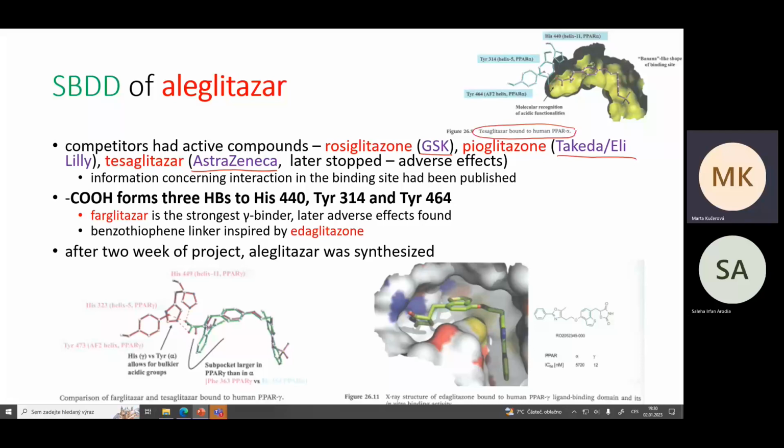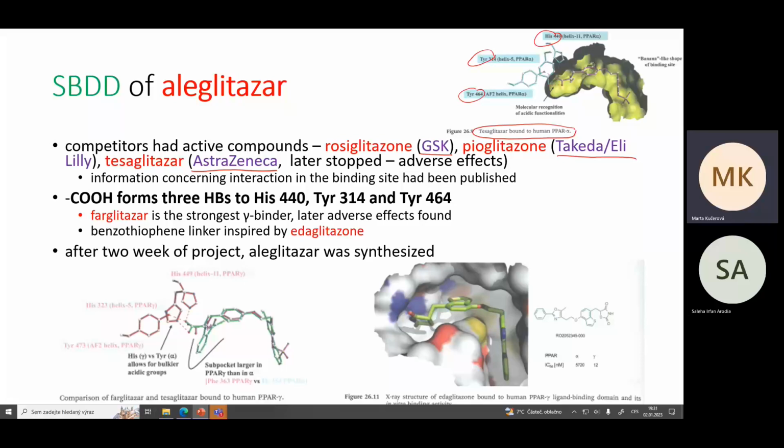However, the German company knew the information on the binding mode in the active site of PPAR receptors, and all the amino acids involved in the interaction were known.